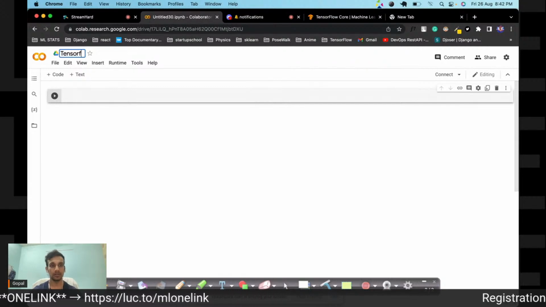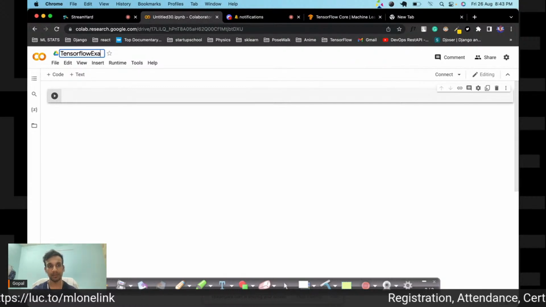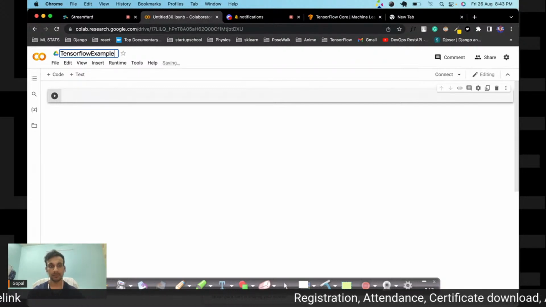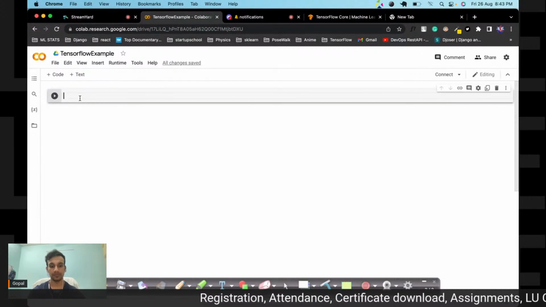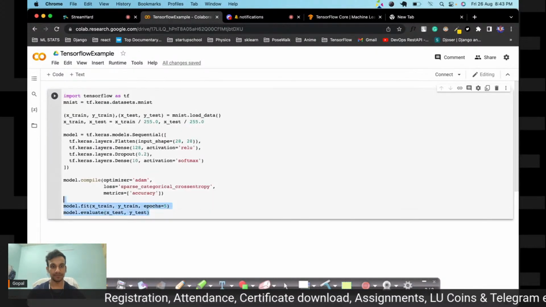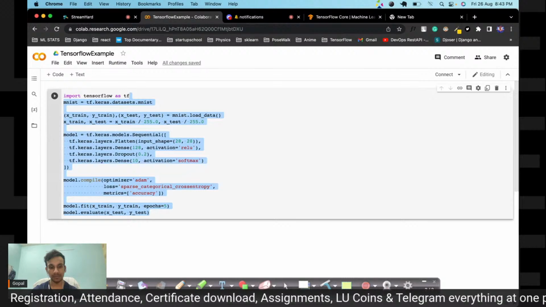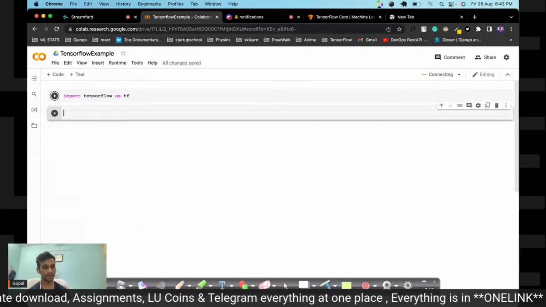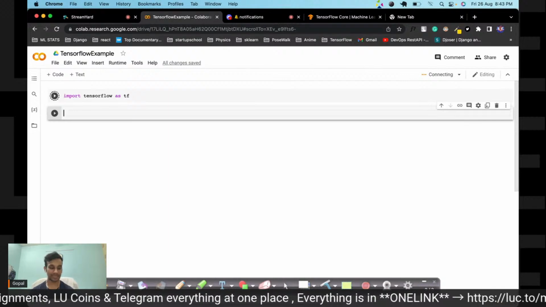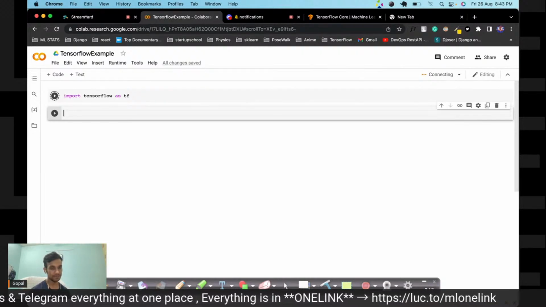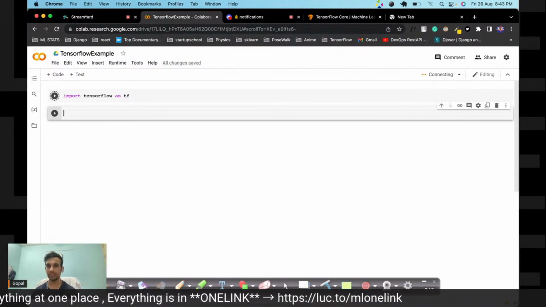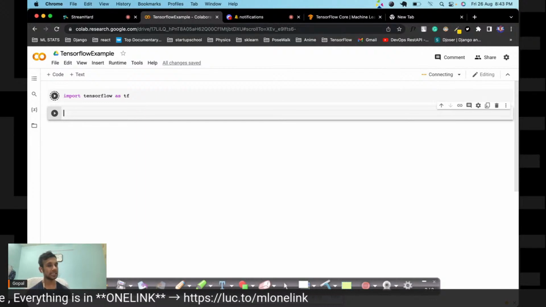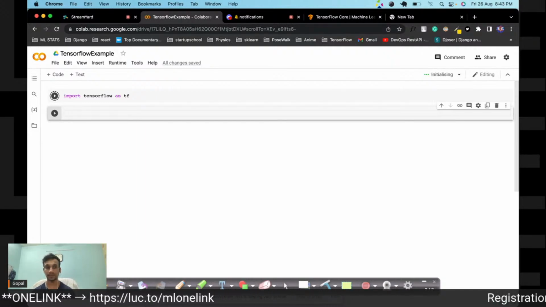TensorFlow example. Let's copy this here. So I'll be doing this, and this is importing TensorFlow as tf. So what exactly is happening here? In this case, we are making an alias of TensorFlow as tf.